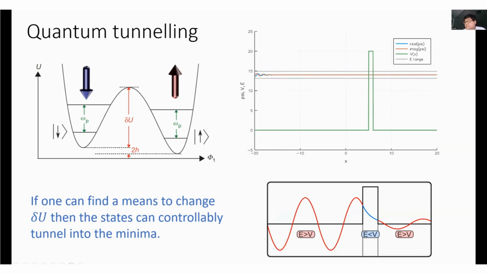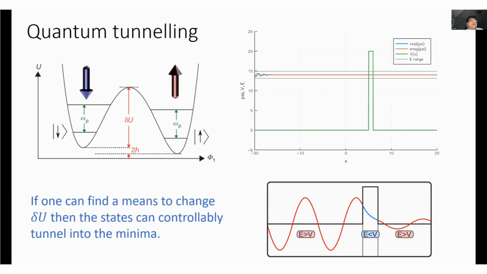This could be easily calculated in various ways. In fact, we had all done the WKB approximation in our quantum 2 class, where we have seen how the transmission probability scales as a function of barrier height and barrier distance.